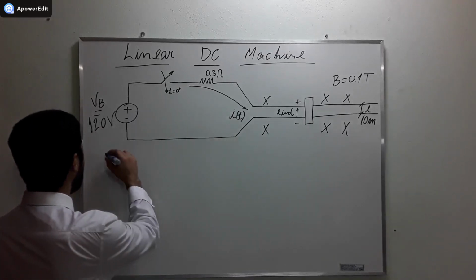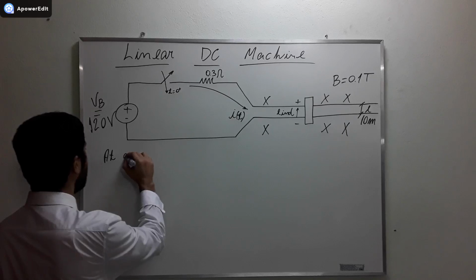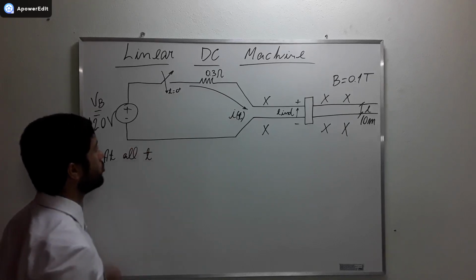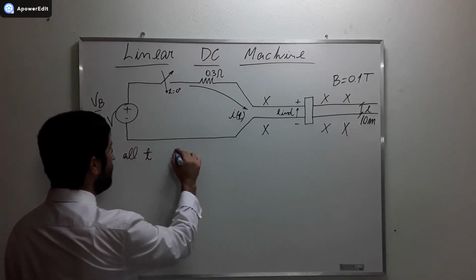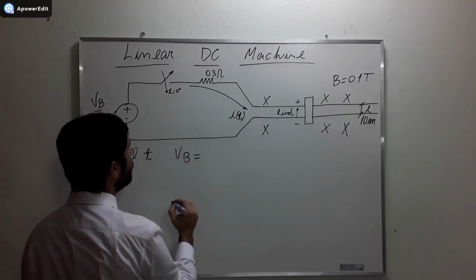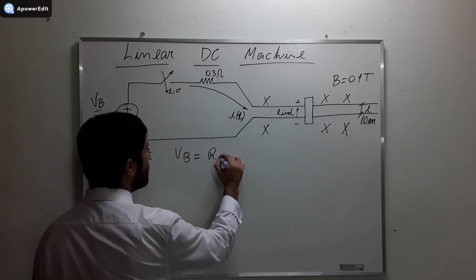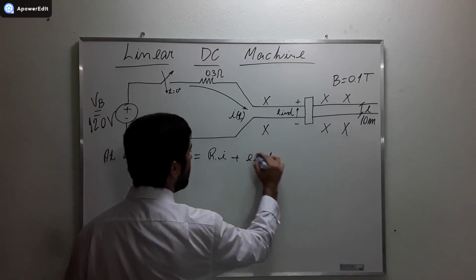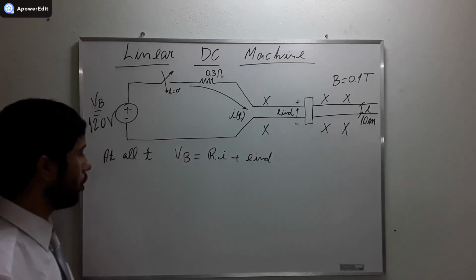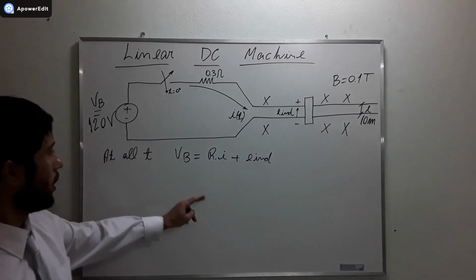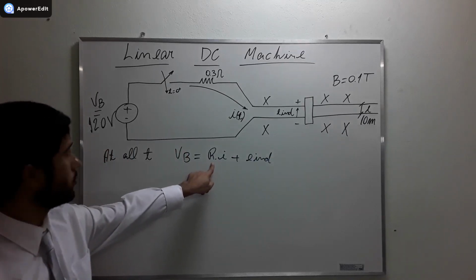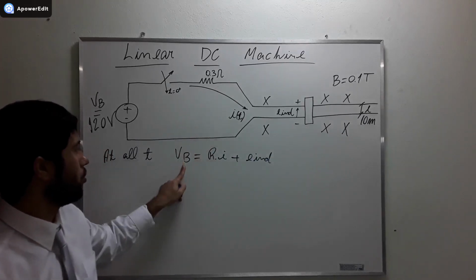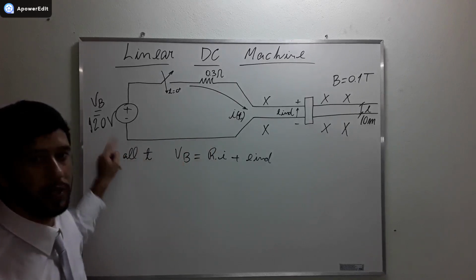At all t, VB equals R times I plus e_ind, alright? We know the resistance, we know the voltage of the battery, 120 volts.